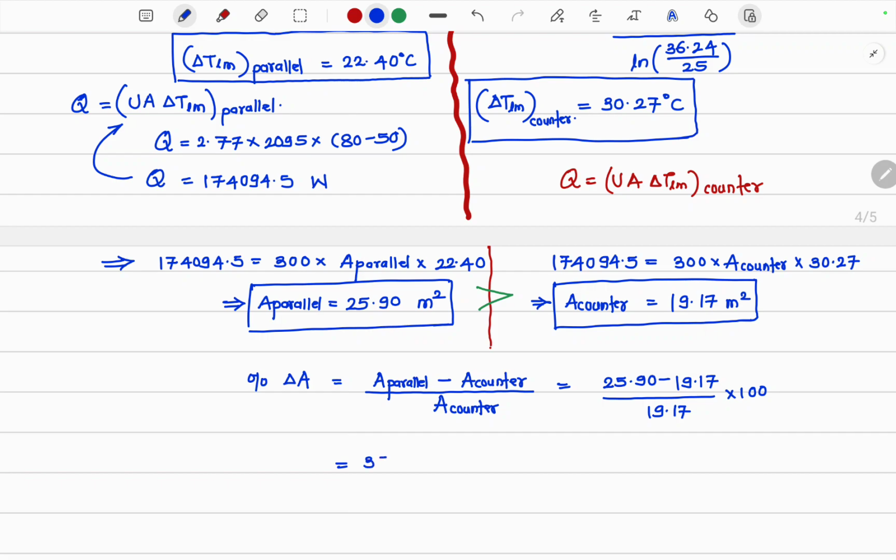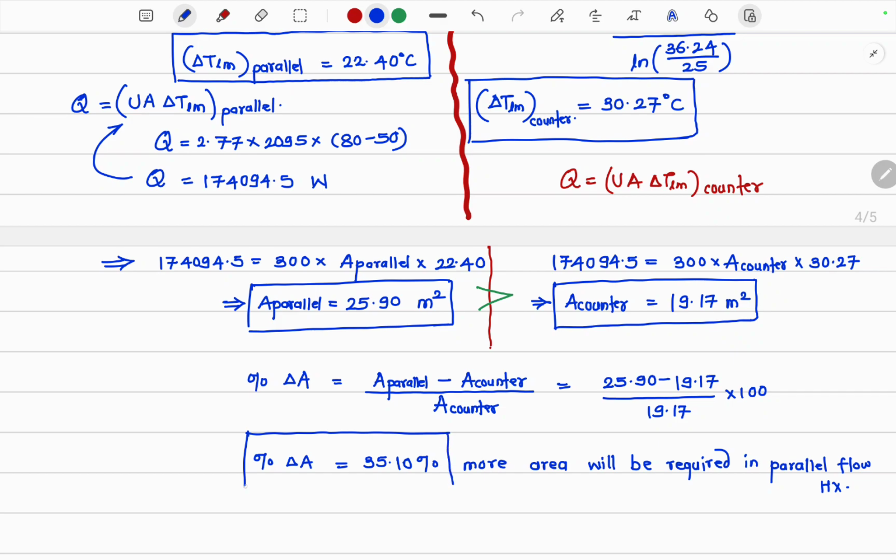So it means that 35.10% more area will be required in the parallel flow heat exchanger. This is your percentage variation in the area of the heat exchanger required.